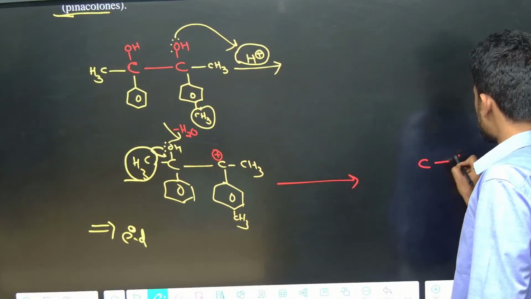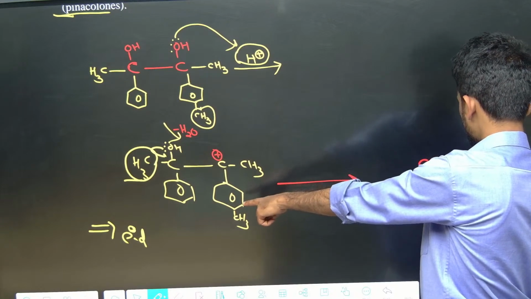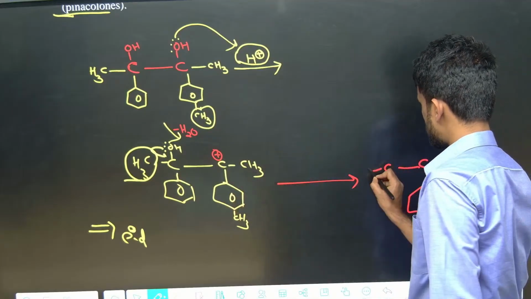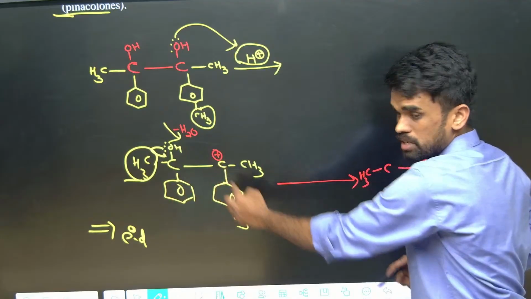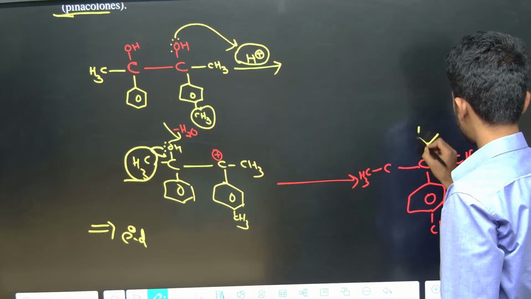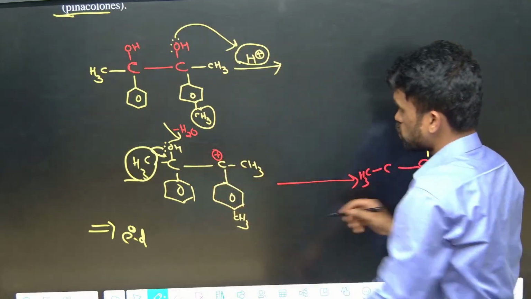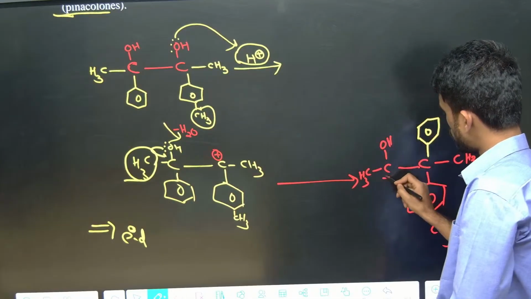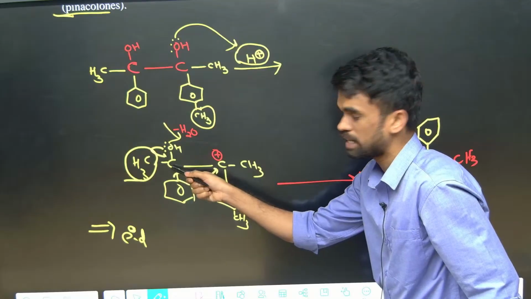So if it is migrating there, what happens, tell me? CH3, and on the adjacent carbon, CH3 is there. So this phenyl group migrated onto this carbon, right here like this. And here the OH group. If this group is migrating along with its bond, what charge are you creating on this carbon?